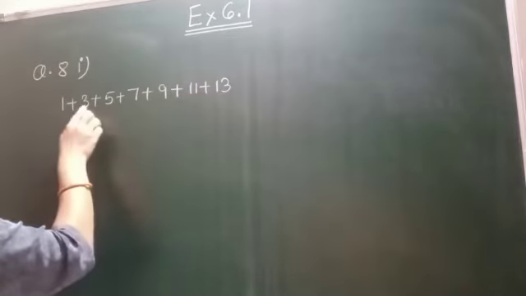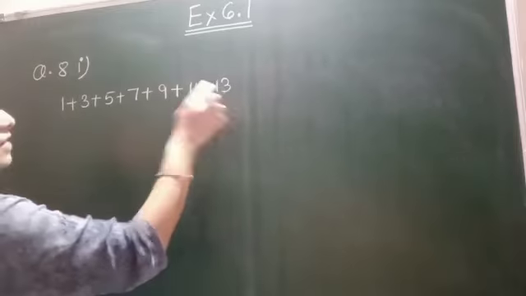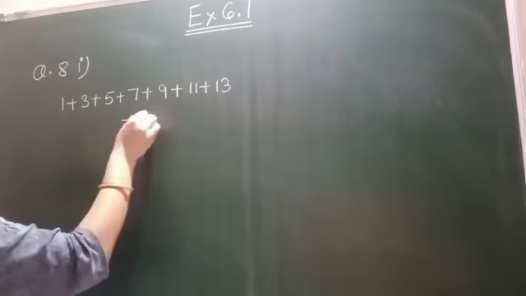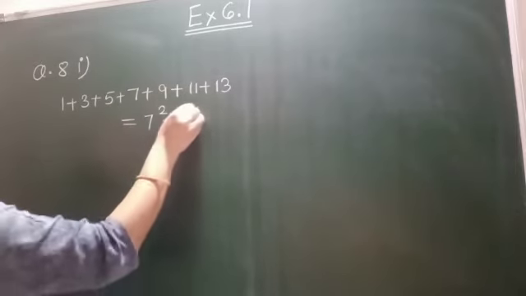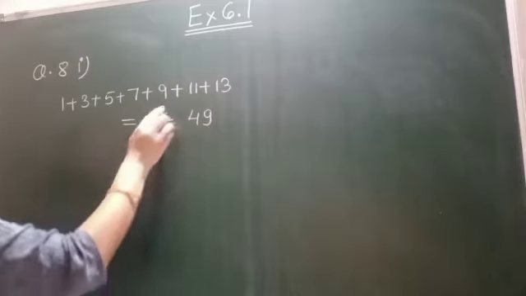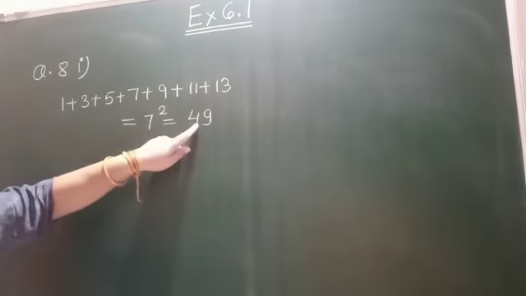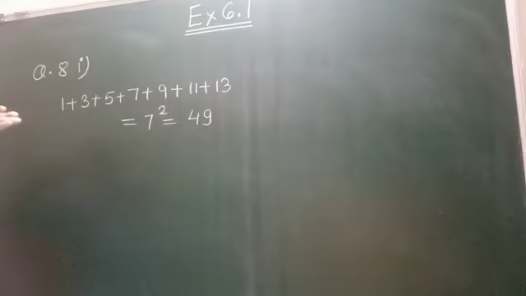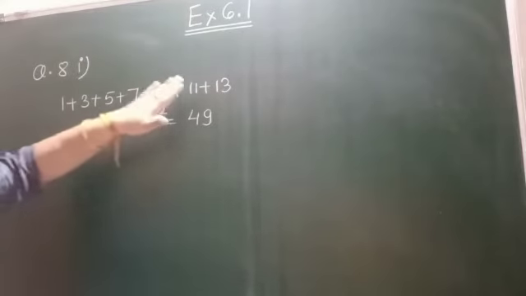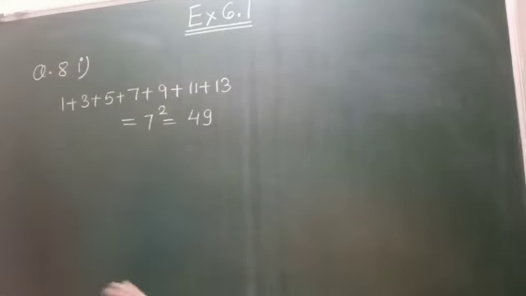Let's check. 1 2 3 4 5 6 7. And what will be the addition? 7 square, and we will get 49. 7 7s are 49. So 49 can be expressed as the sum of 7 odd numbers as 1 plus 3 plus 5 plus 7 plus 9 plus 11 plus 13.